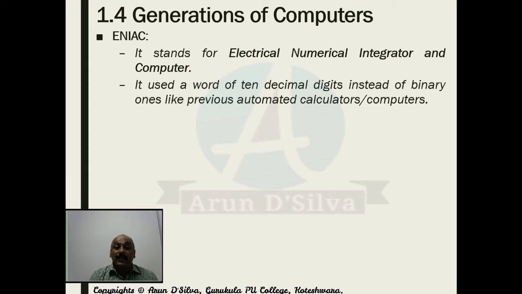ENIAC stands for Electronic Numerical Integrator and Computer. So E is electronic, N is numerical, I is integrator, A is and, and C is computer.